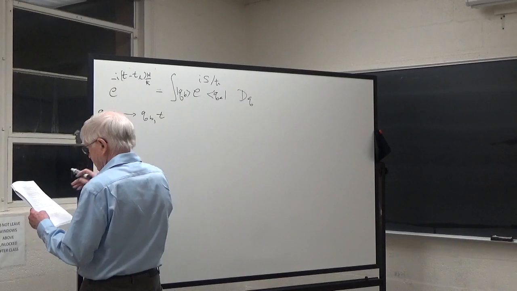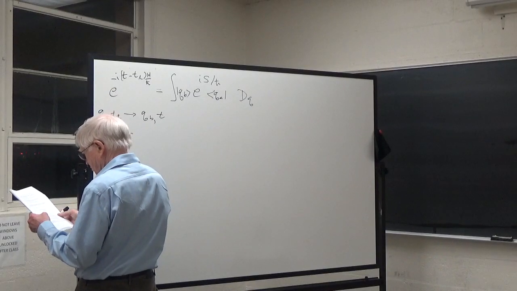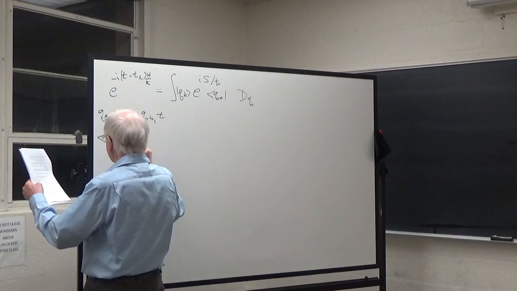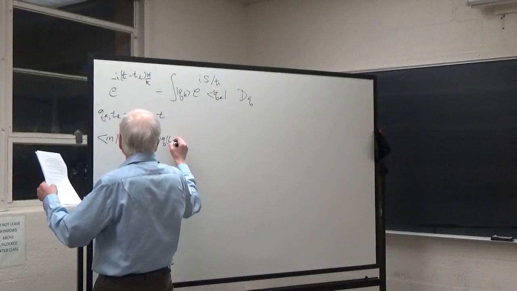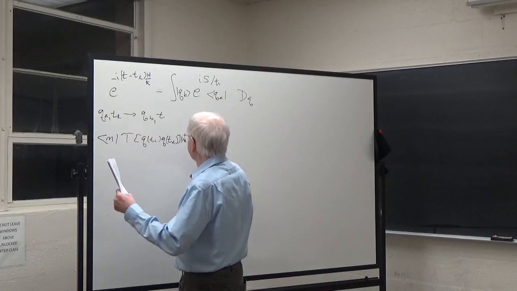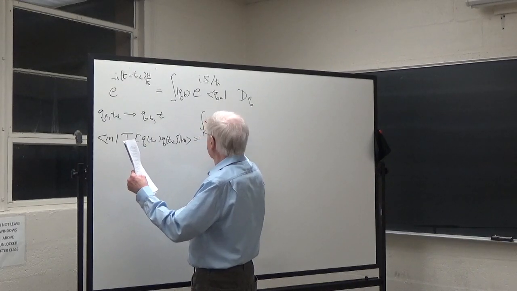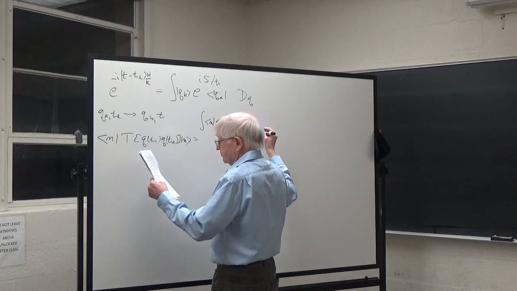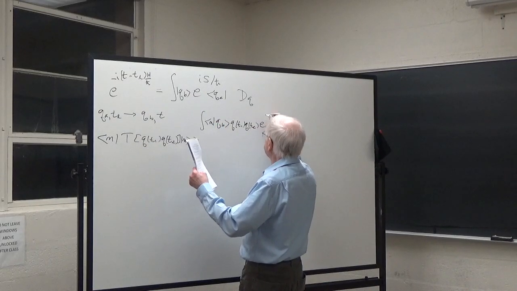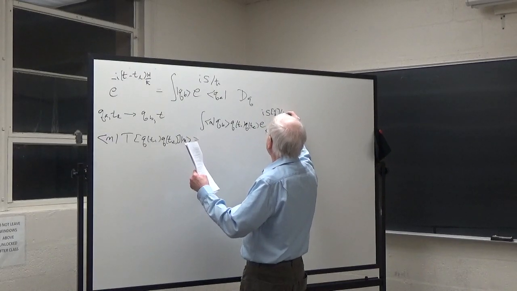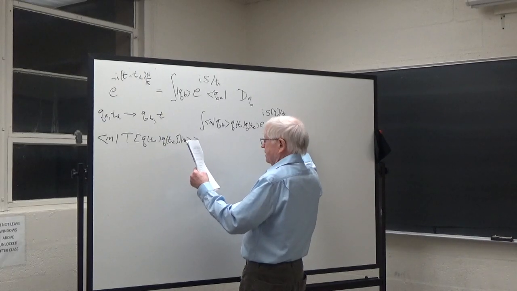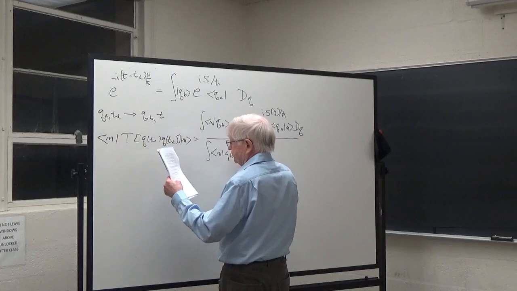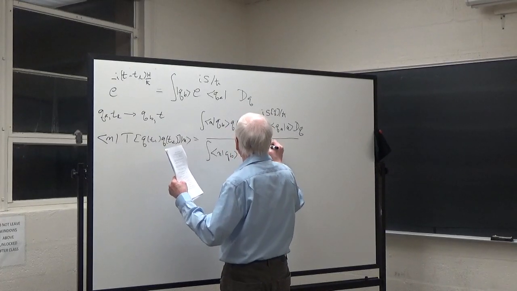What we've got here is the time-ordered product, in the eigenstate n, of q of t1, q of t2, and it is this ratio of the path integral of n, q_B, q of t1, q of t2, e to the i S of q over h bar, q_A, n, dq, divided by a simple path integral, which is n, q_B, e to the i the same S of q over h bar.